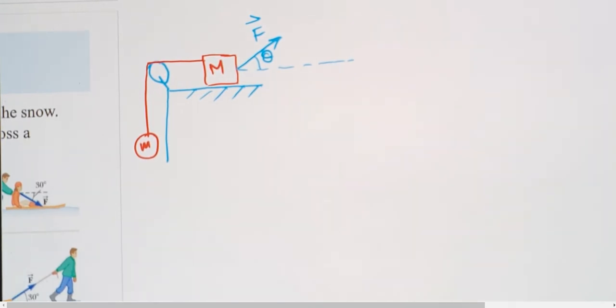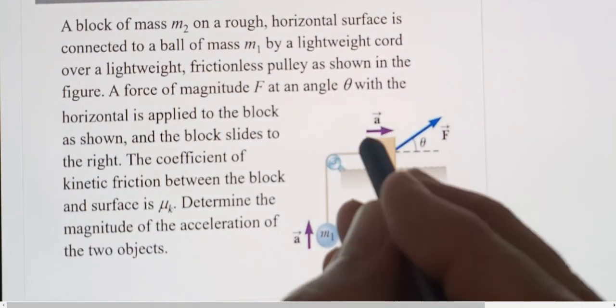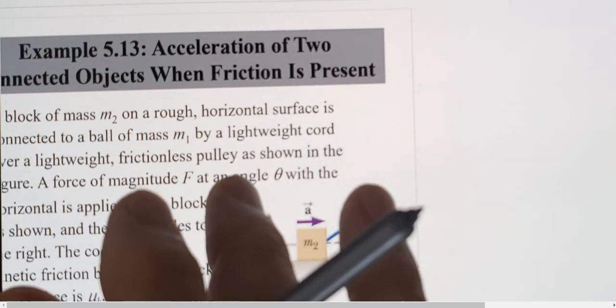The professor took one full lecture just to explain friction on the problems. So if you would like more information about friction, I will attach the lecture to the chapter so you can see it. So let's stick to the book. When you have friction, the book will give you the direction of acceleration. So in this example, already it gave us the direction of acceleration.